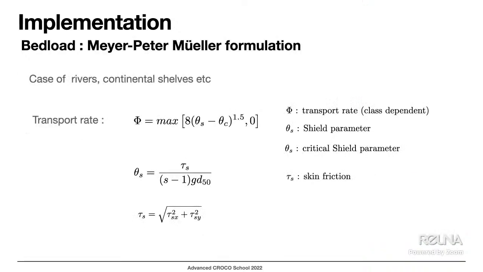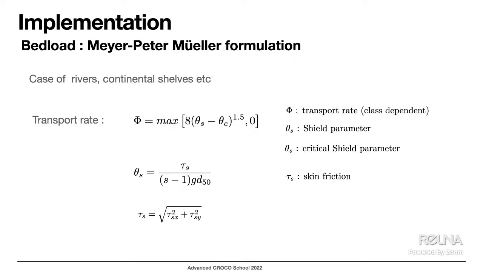So for bedload, we have several parameterizations. I think I have two here. There is one very old formulation, which is from, I think, the 30s, something like this. There is a formulation which is actually advised in case of rivers or on the shelf. And actually, this is often for linear waves, because this formulation doesn't take into account the non-linearity of the wave, and it was actually developed by analogy to the transport of gravel in rivers.